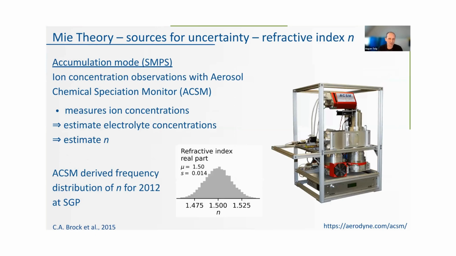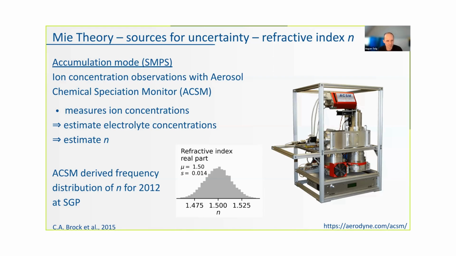Okay, so how do we get our expected probability distribution, our uncertainty for the real part of the refractive index? This can be done based on chemical composition measurements. Luckily at SGP, there is the ACSM, the Aerosol Chemical Speciation Monitor, which measured during the year of 2012.